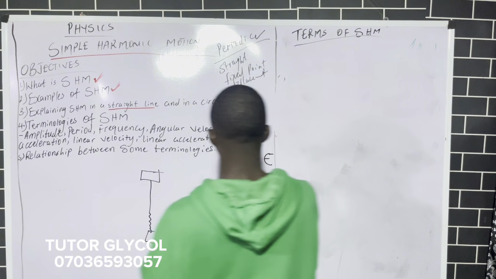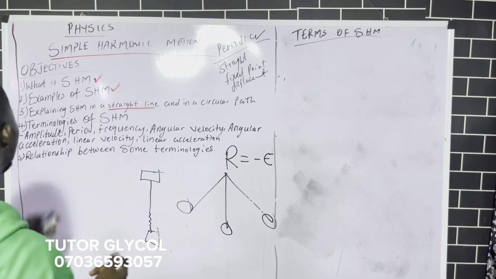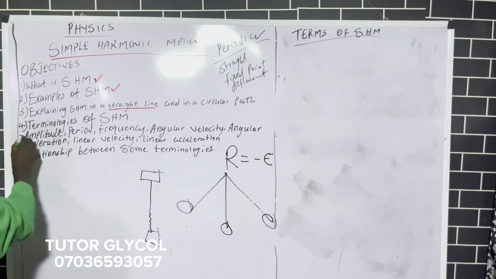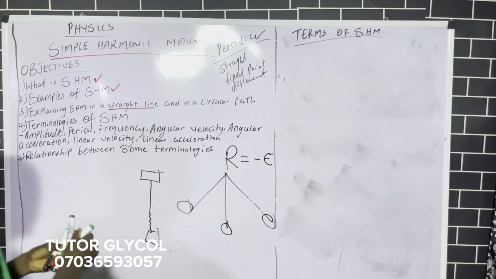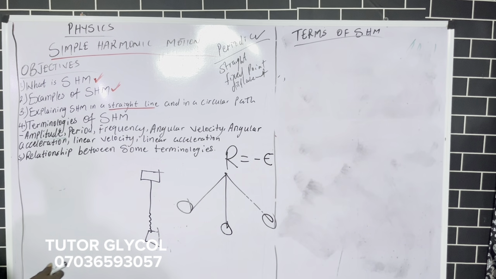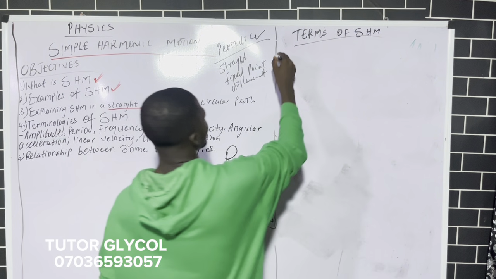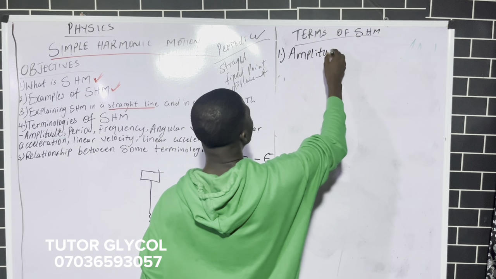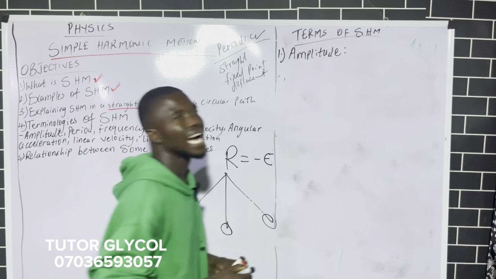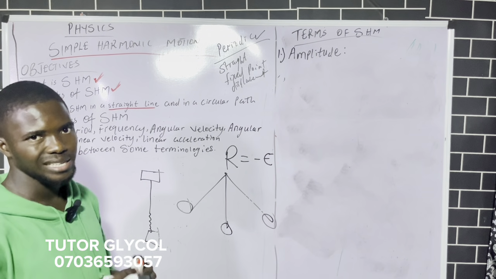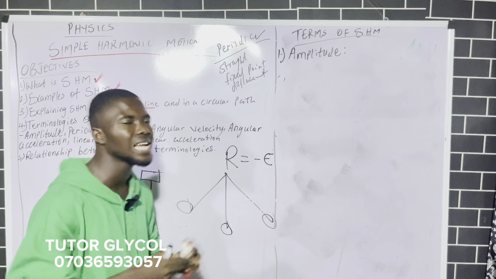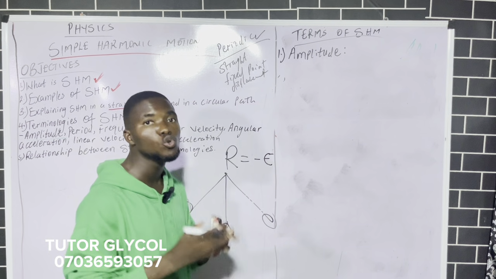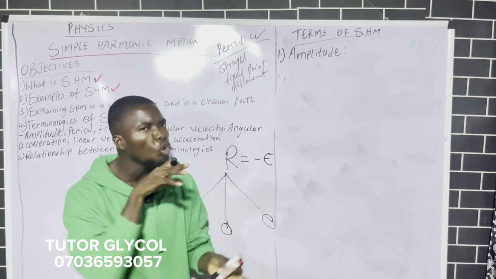The first terminology we'll be looking at here is the amplitude. We're going to be looking at the amplitude first. So what is amplitude? I want to explain some things here, and I beg you to listen attentively, because I'll be differentiating amplitude from displacement, because most times they look the same, and there's a way a question can be coined.